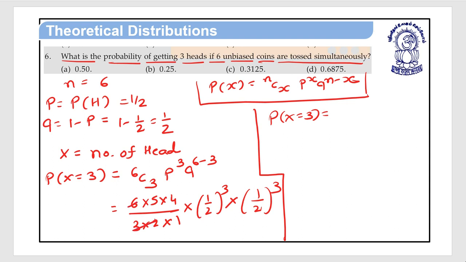So P of x equal to 3 is equal to, 3 times 2 is 6, 6 cancel, 20 into 1 by 2 six times. 2 to the 4, 4 5s are 20. So 5 upon 2 to the 4 to the 8 to the 16, that is 5 by 16.